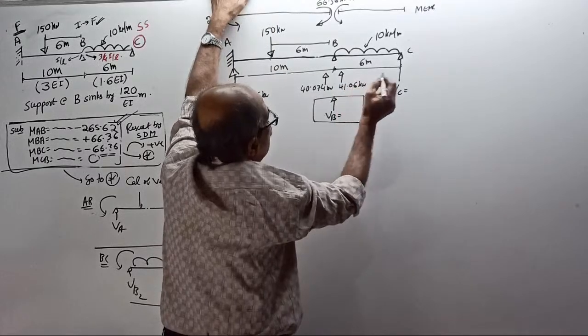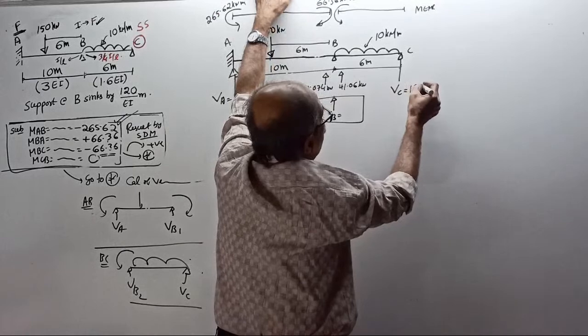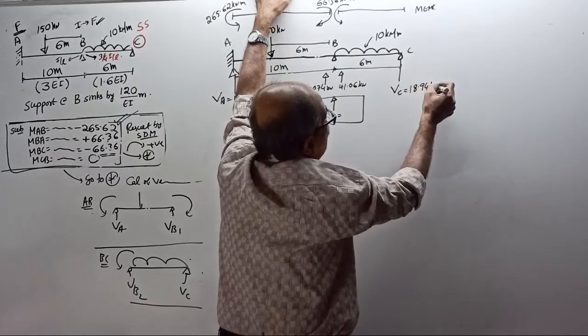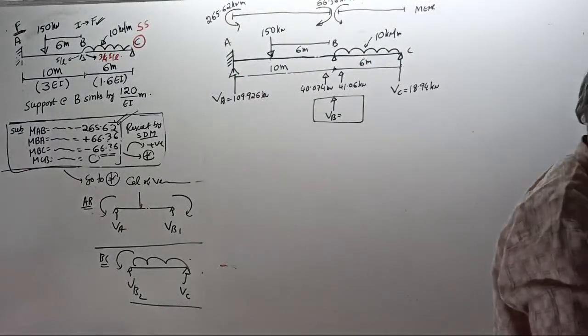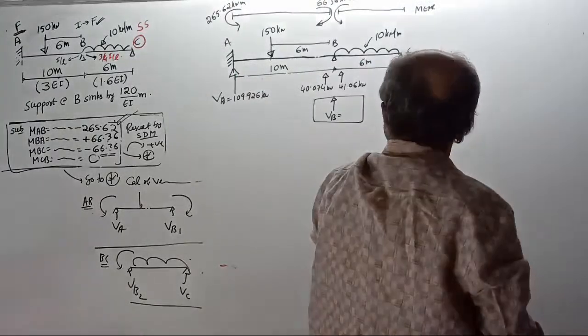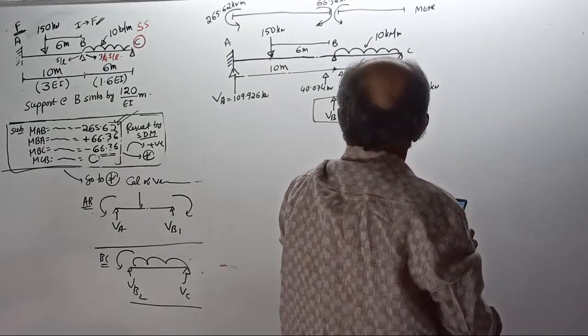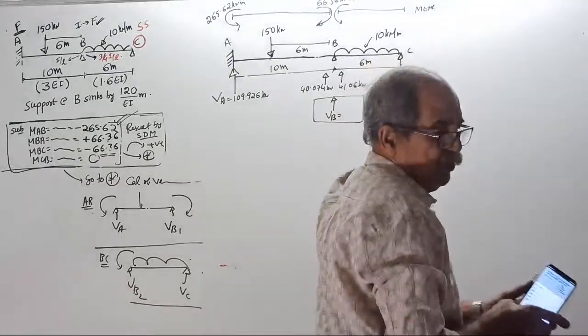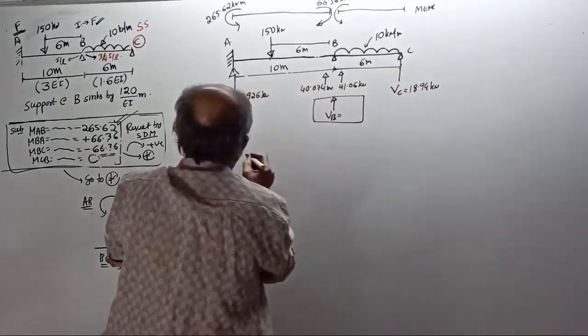Lastly VC I got 18.94 kilonewton. Is the answer correct? Is it same as what you got? 109.926, 40.074, then 41.06. Yes, correct. Okay, now draw SFD here.